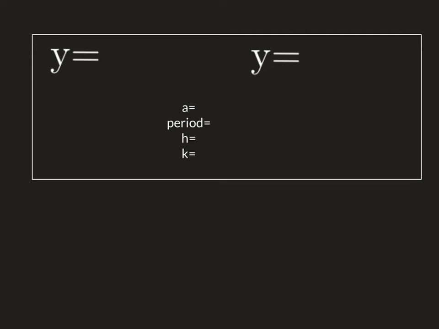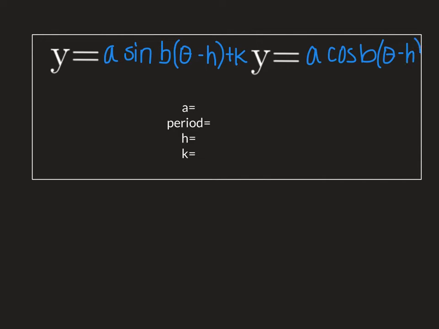And what you're going to see is that when we write this down, they look very familiar. y equals A sine B, now I'm adding a set of parentheses that we didn't have before, theta minus H, plus K. And then y equals A cosine B, again parentheses, theta minus H, plus K.